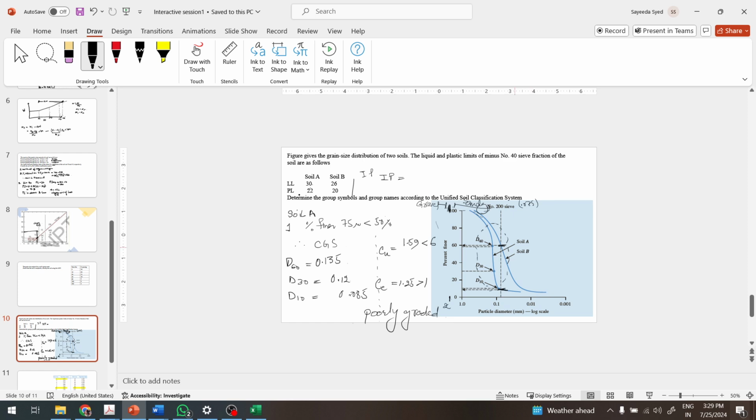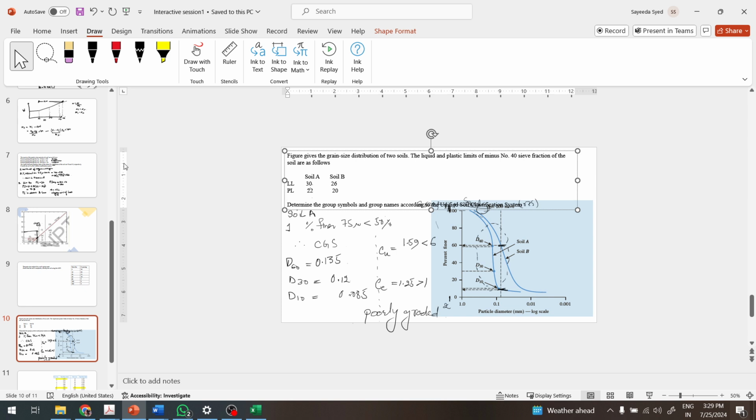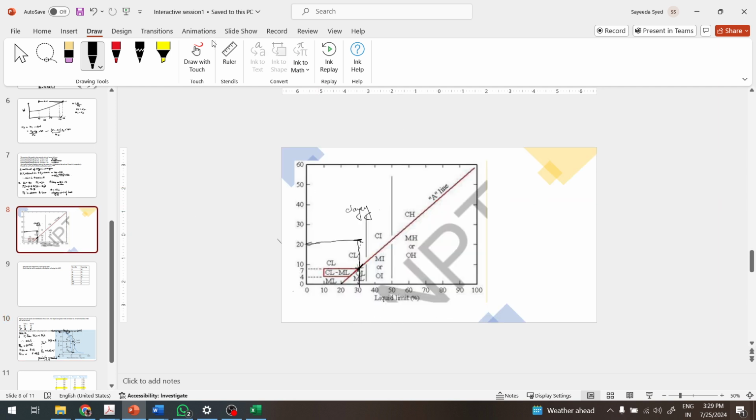For soil A, IP will be 8, and here it will be 6. If you go back to this chart, the liquid limit is 30, IP is 8. It is just here.